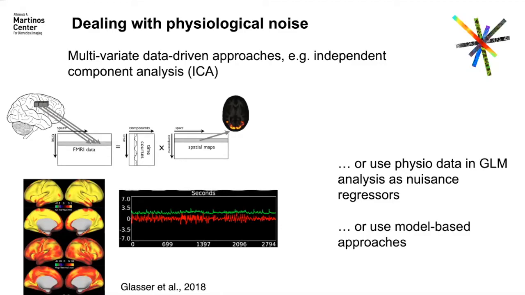And then you can remove those artifactual components or components that you are not interested in. As with movement data, you can also use physio data in GLM analysis as nuisance regressors, or you can use some more advanced model-based approaches.